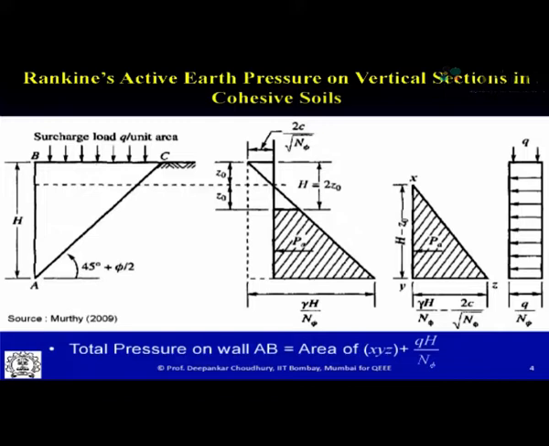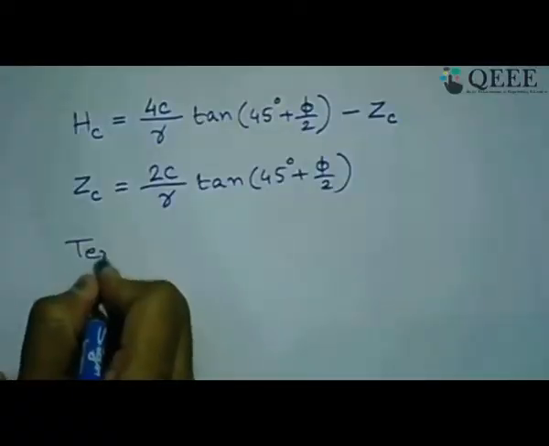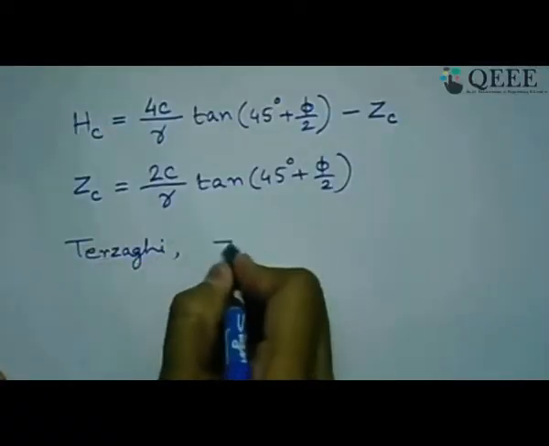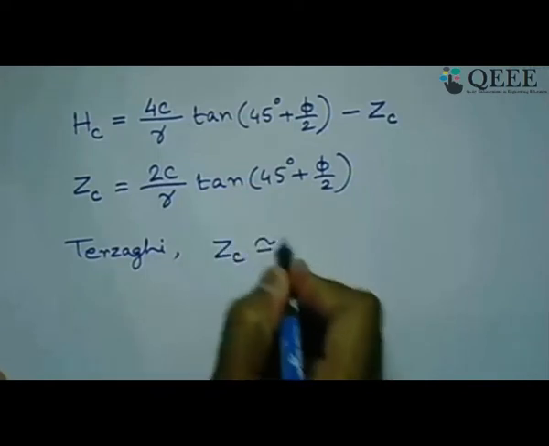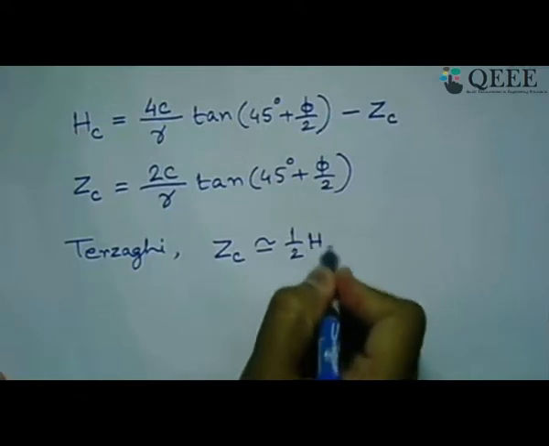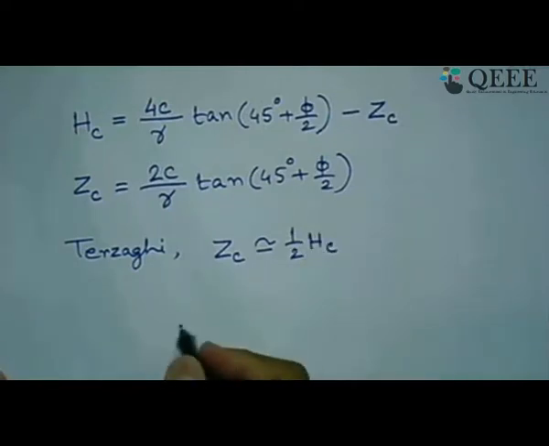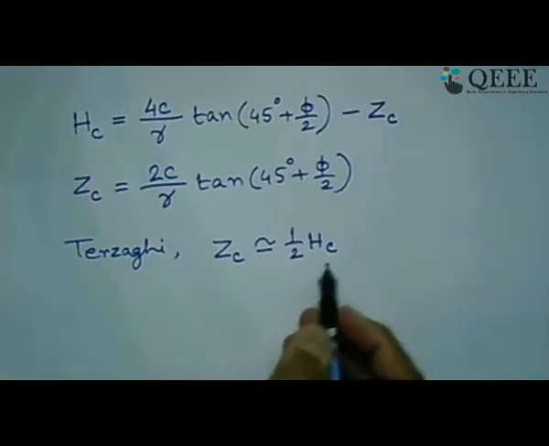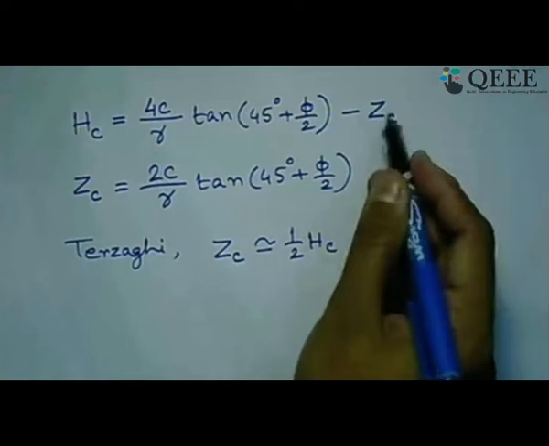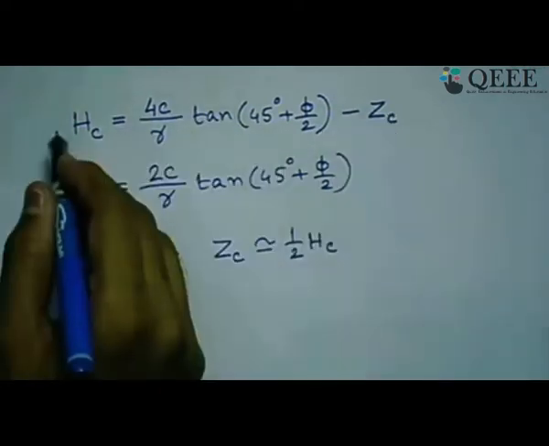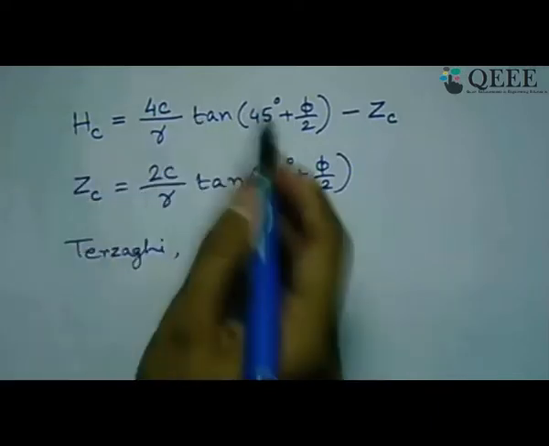Now this is also not fully correct, because as per Terzaghi, the value of ZC is approximately equal to half of HC. That is through the field observations as reported by Terzaghi. So if we apply ZC as half of HC in this equation and take it over here, 3 by 2 HC becomes this one.